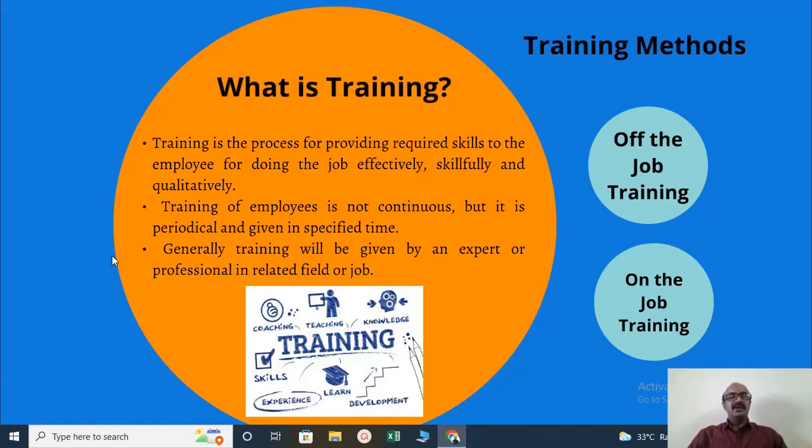Training helps to perform the job effectively. If you want to perform a job effectively, you need good training programs. That's why any organization will give a six-month training program to perform a job effectively. Skillfully means how a technical job or a specific task should be performed. Without knowing any technical skill, you cannot perform.